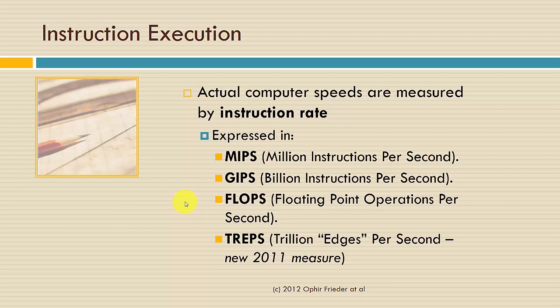So as these things get faster, we keep finding that we need new ways of measuring them. You'll see these terms occasionally, and it's good to know because you have some idea of how fast that particular computer is. But as a programmer, you really don't have to worry about this at this point.